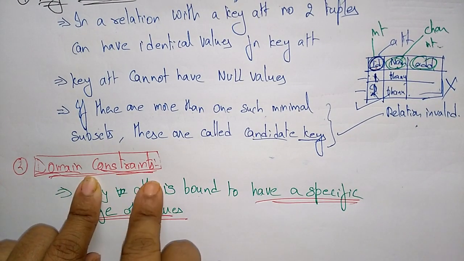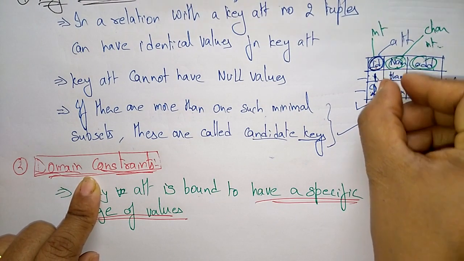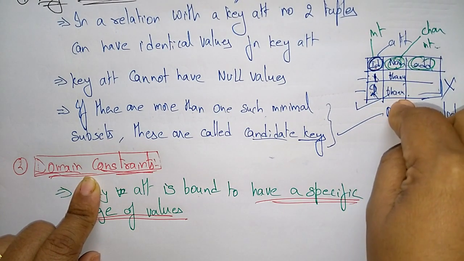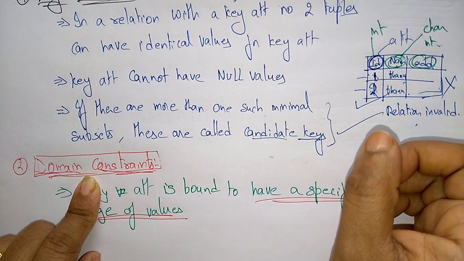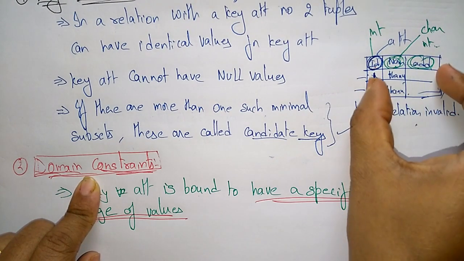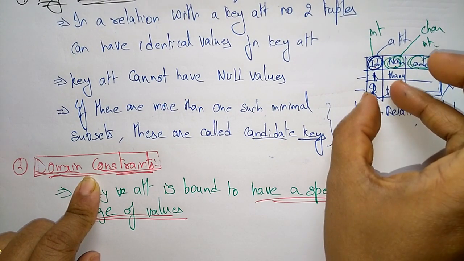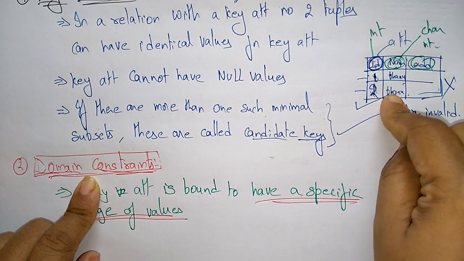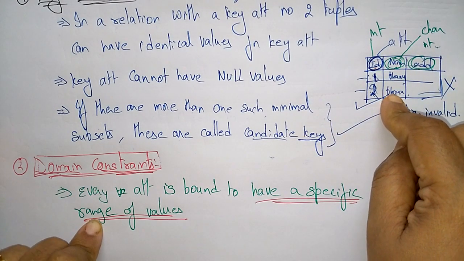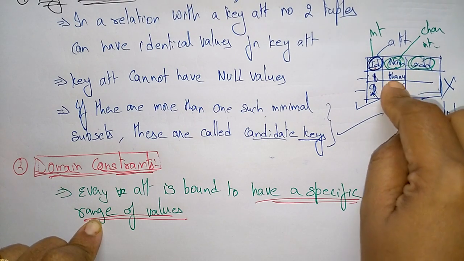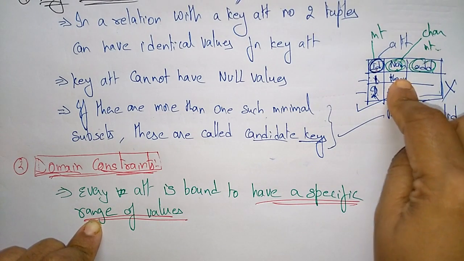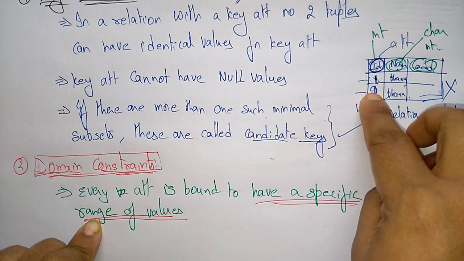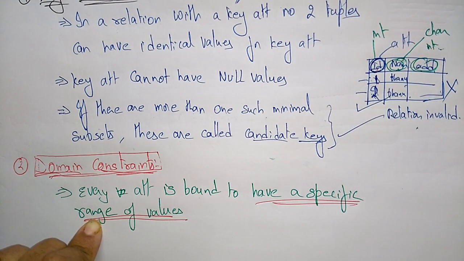Constraint means condition. For each attribute, each value that is entering the table has some condition you have to follow if you want to make the table valid. The value you are entering in the table has a specific range of values. The name should follow only characters, and the ID that you are entering in the rows should be only integers.